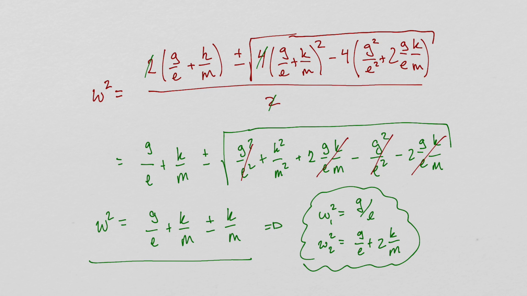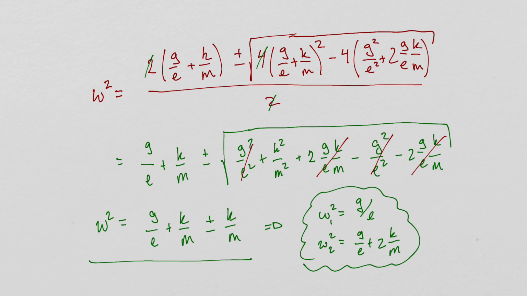So omega squared is g over L plus k over m plus or minus k over m, which now says, okay, there are 2 solutions for omega. There are 2 possible omega squareds that I can get out of this problem. That's not totally surprising because I started with 2 bodies. And so when I think back to it, before I had 2 pieces of information: where is x1, where is x2?